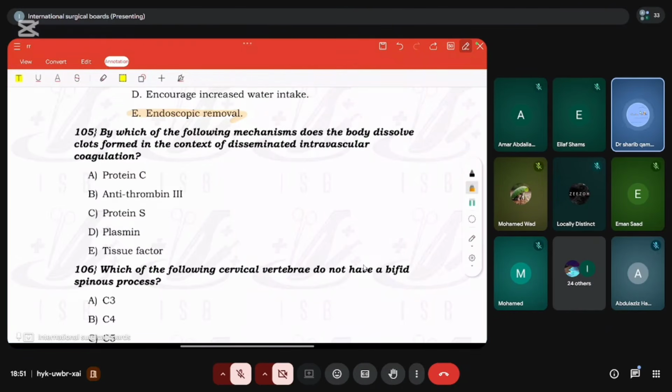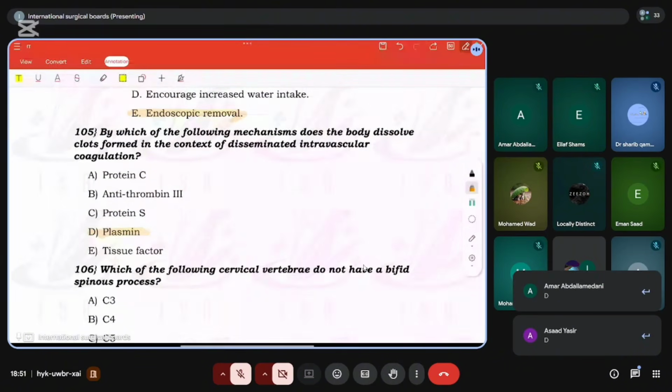They're asking, by which of the following mechanisms does the body dissolve clots in the context of DIC? Plasmin, I know some fibrin degradation products are there, but let's go with D. Clot that is already formed is dissolved by plasmin.